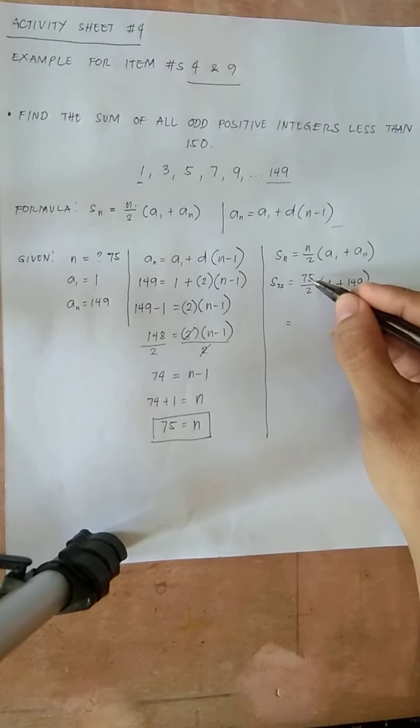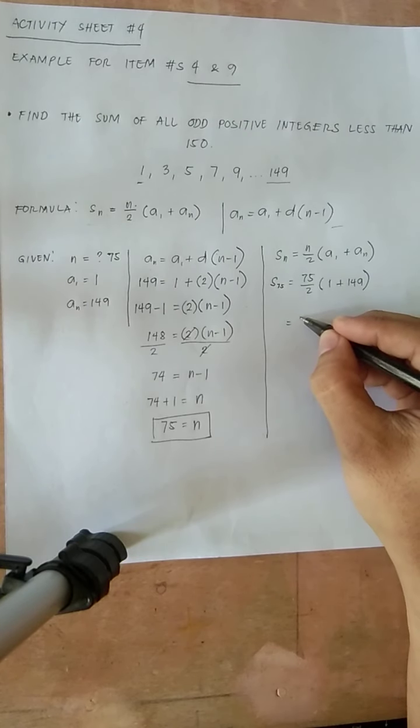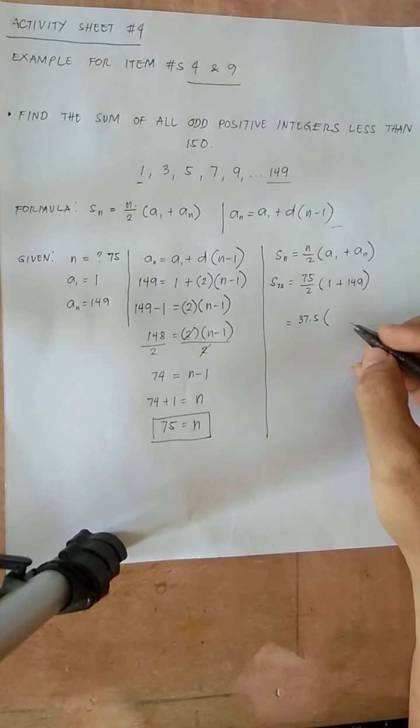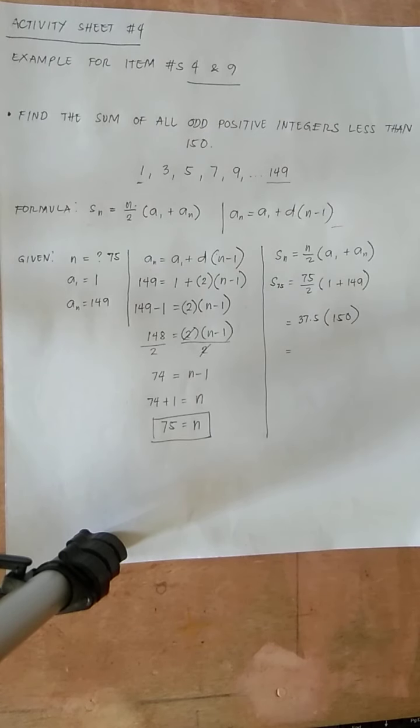Okay? Now, divide 75 by 2. That's 37.5. Okay? That's 37.5. And then add 1 plus 149. That's 150. And then after that, multiply. What is 37.5 times 150?